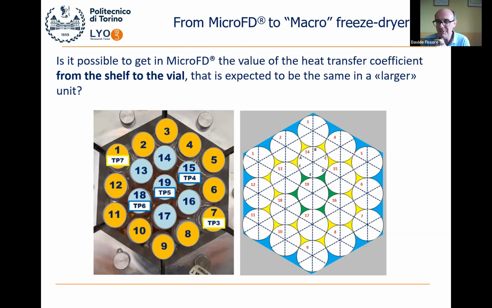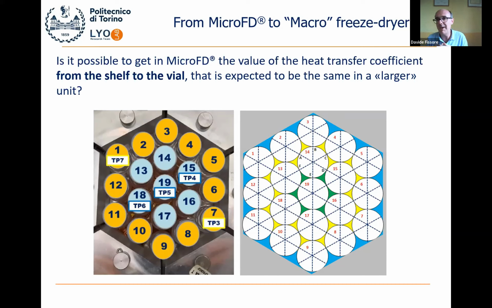If you have a look at vial 19, the vial in the center of the batch, this vial is surrounded by 6 other vials. If you have a look at vials numbered 13, 14, 15, 16, 17, and 18, you have that all these 6 vials are again surrounded by other 6 vials.